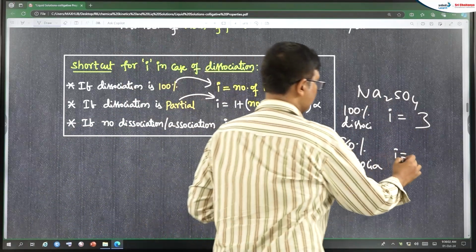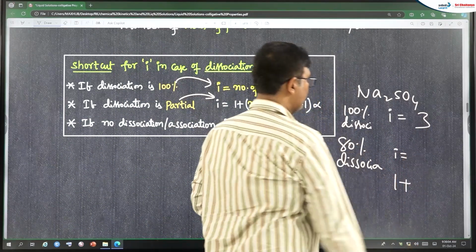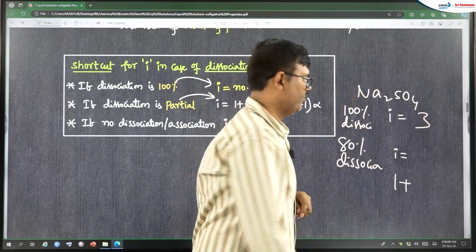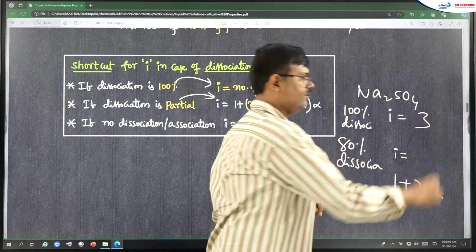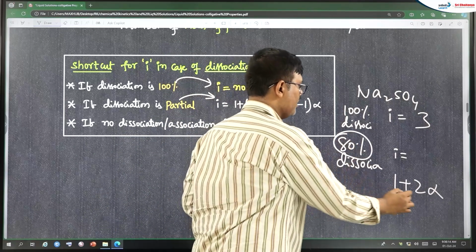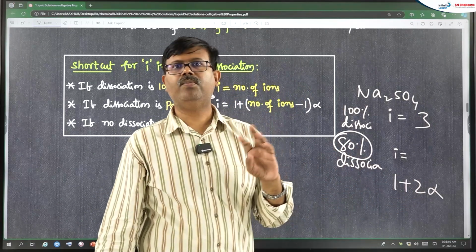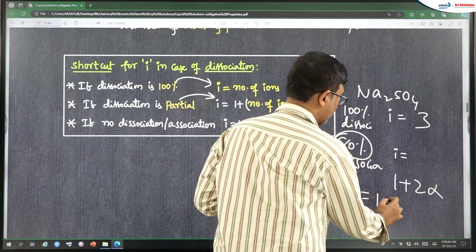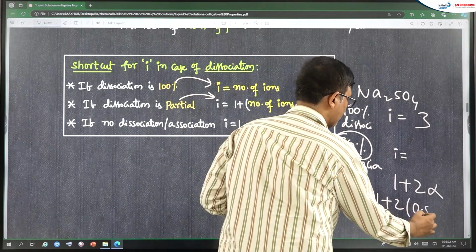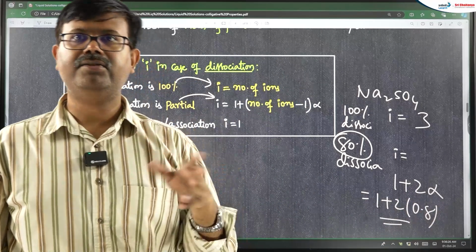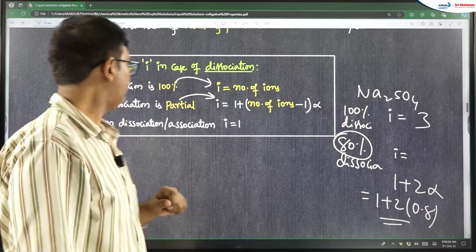Ions is 3, 3 minus 1 is 2, so 2 alpha. What is alpha? 80% dissociation means alpha is 0.8, the degree of dissociation. So 1 plus 2 into 0.8 is the Van 't Hoff factor here. Like this you have to calculate.